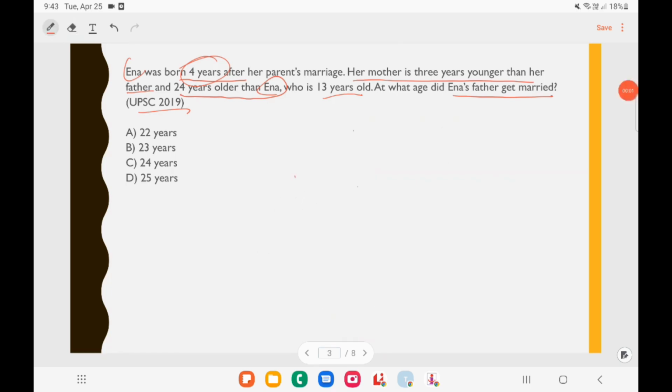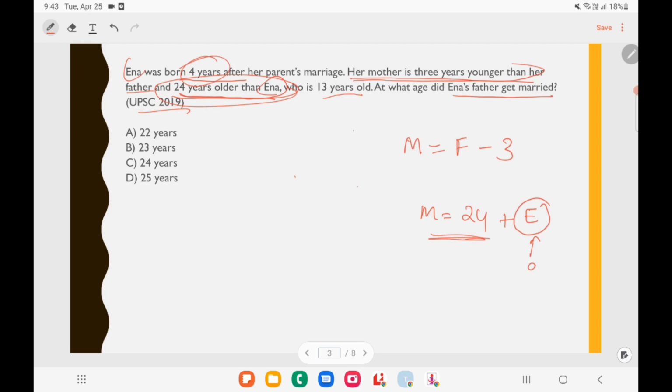So now let's see how we can solve this using the equations. Here it is said that her mother is 3 years younger than her father. That means m is f minus 3. And mother is 24 years older than Ina. That means when Ina was born, Ina is 0 years of age, her mother will be 24.